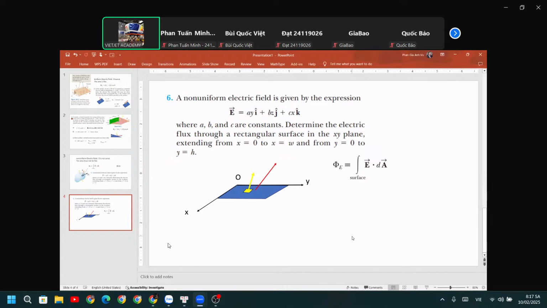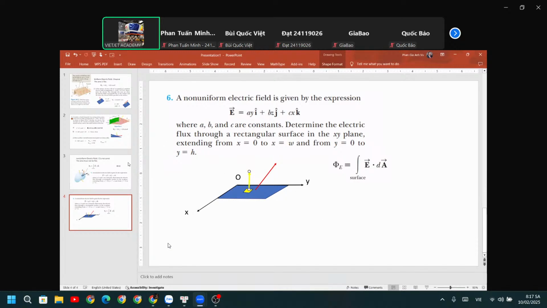No, because the area is in the XY plane. So the normal vector here must be perpendicular to that, right? So it must be parallel to the Z axis. Is it clear? So I have to take the normal vector upwards like that.